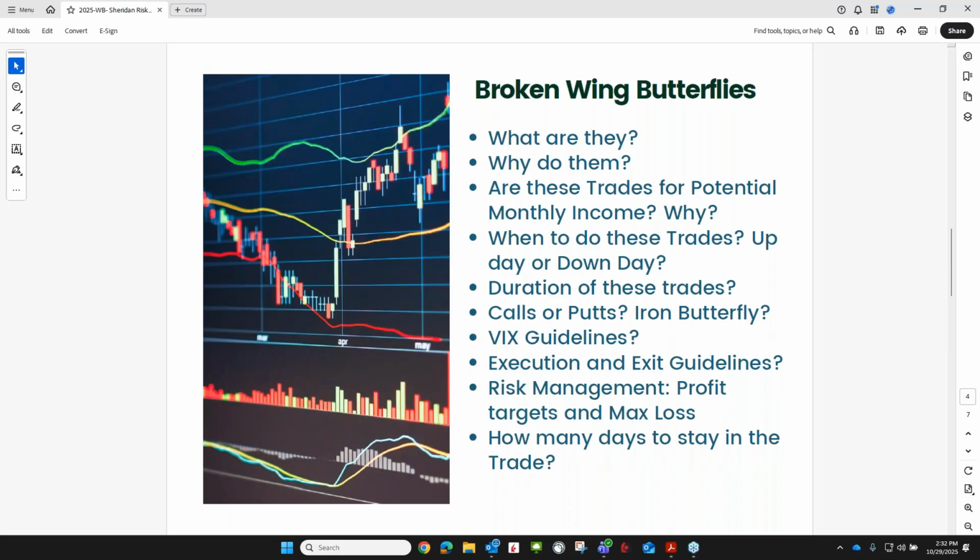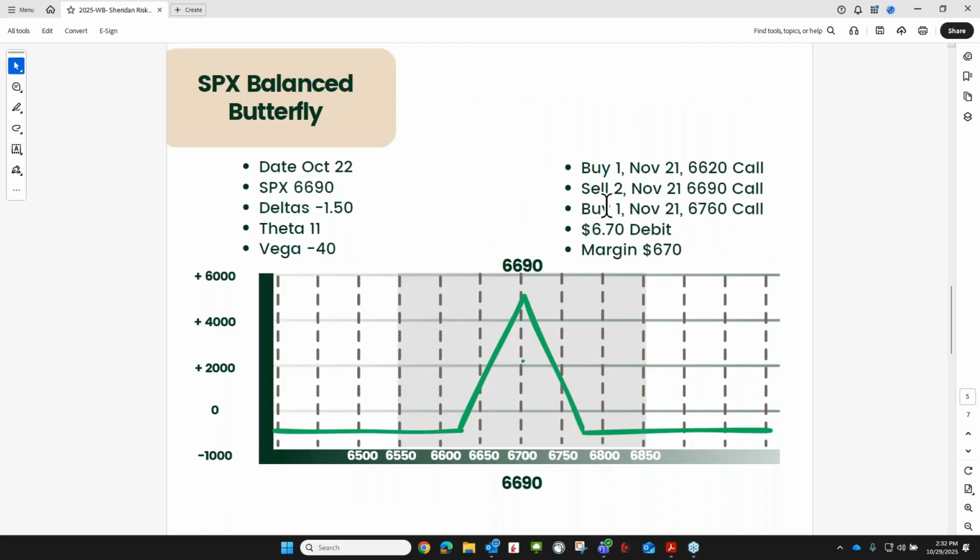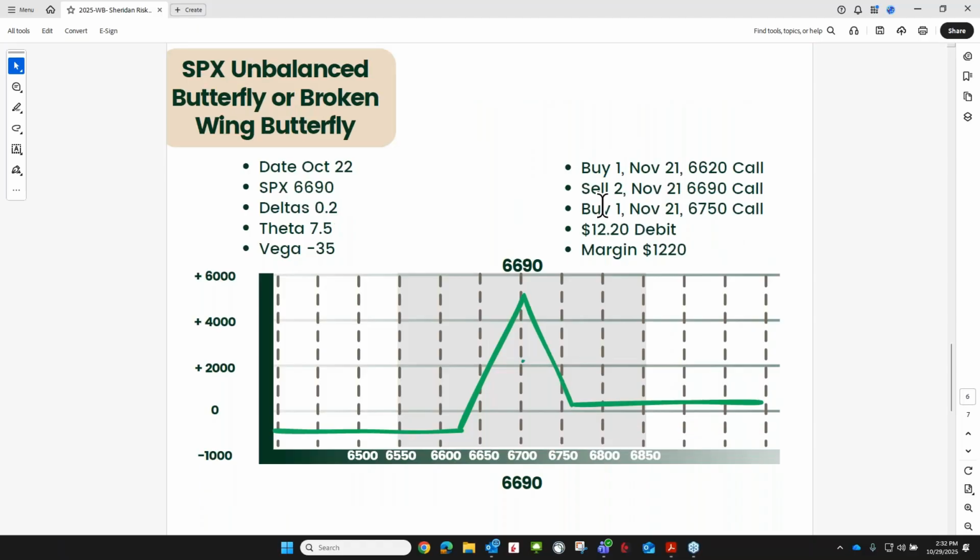So a broken wing butterfly would be at the money, whereas an iron butterfly would use those same strikes that you see there, and thanks for bringing that up, Jeff. It would be selling the 166.90 call and selling the 166.90 put. So if you're doing an iron butterfly, that would be related to an iron condor.